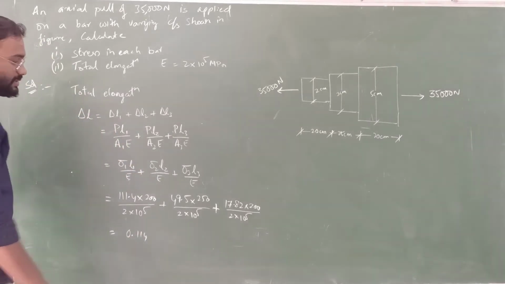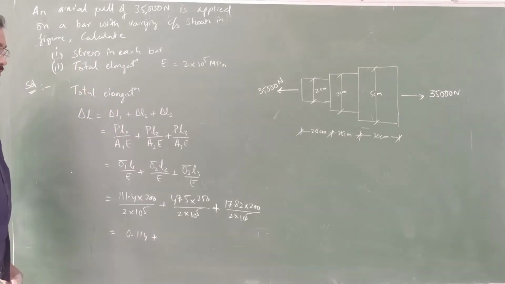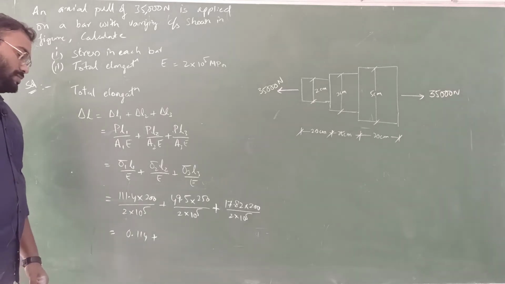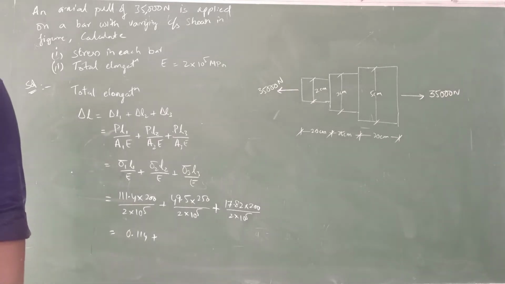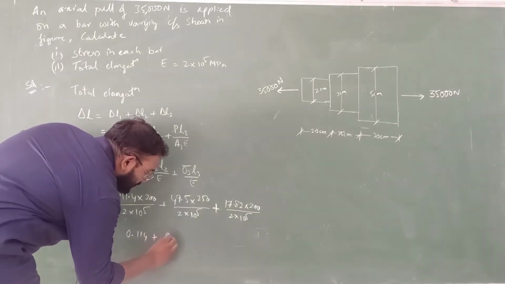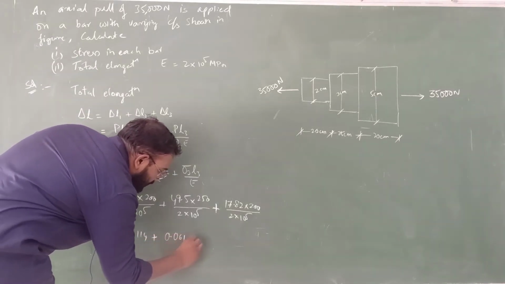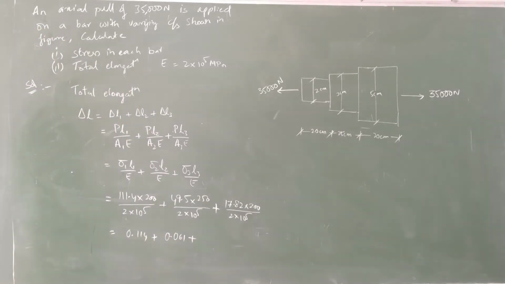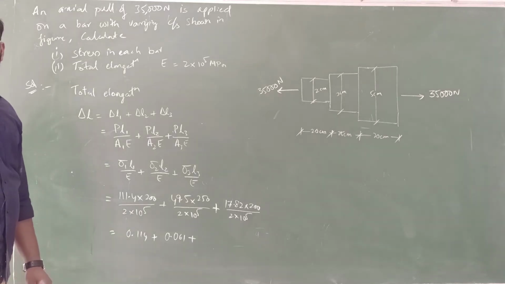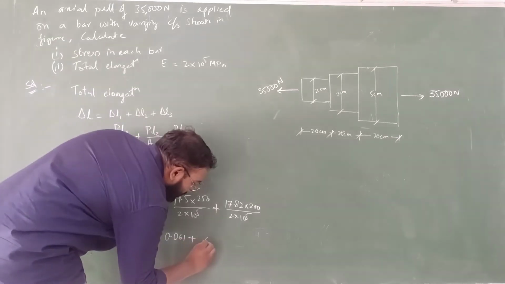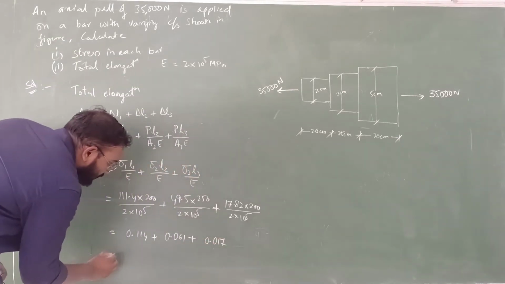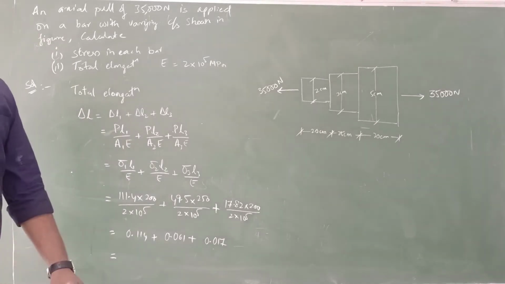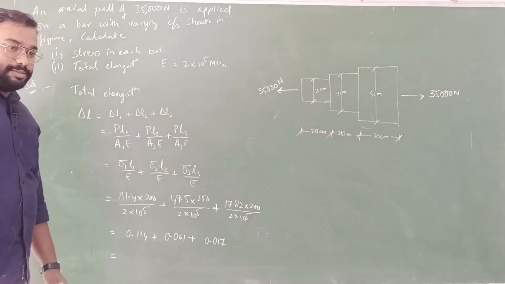So plus 0.061 plus 0.017. Now add all these values: 0.114 plus 0.061 plus 0.017.